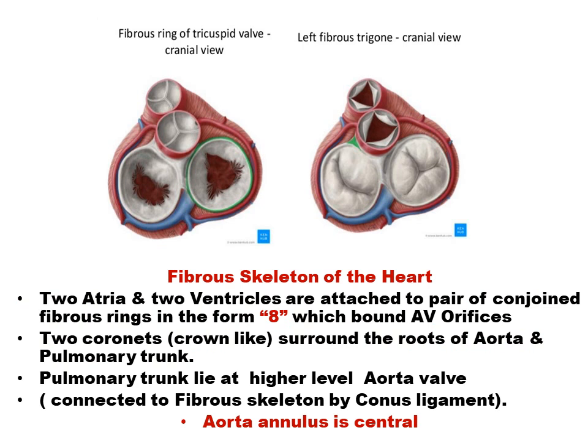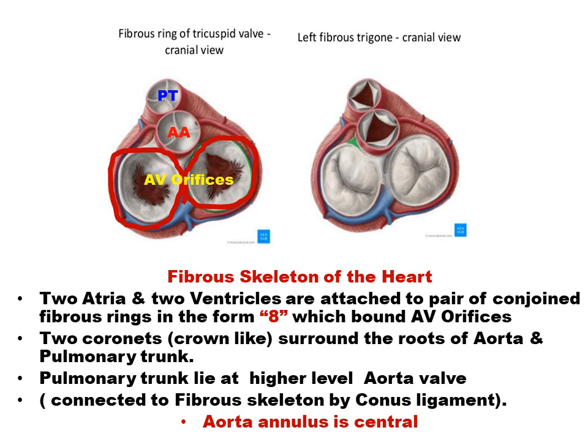The two atria and the two ventricles are attached to the pair of conjoined fibrous rings which is formed by the figure of 8 which bounds the atrioventricular orifice. The two trigones are crown-like which surround the root of the aorta and the pulmonary trunk.